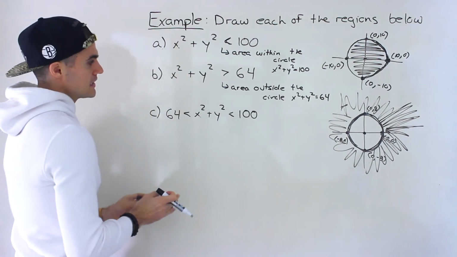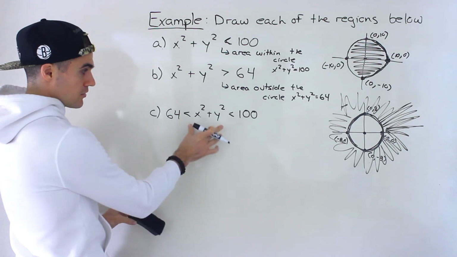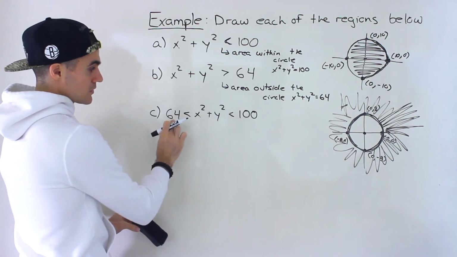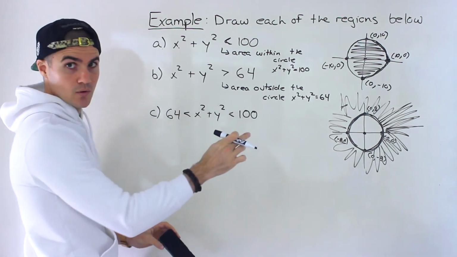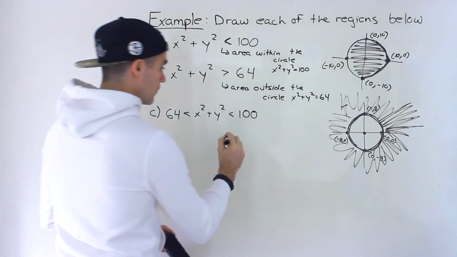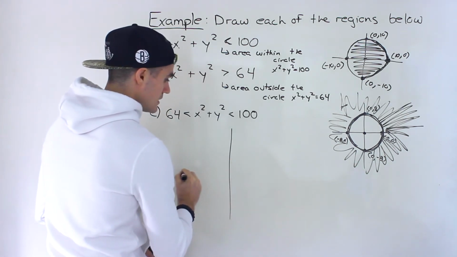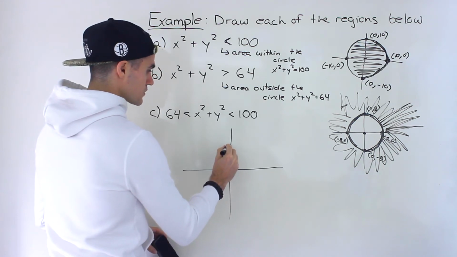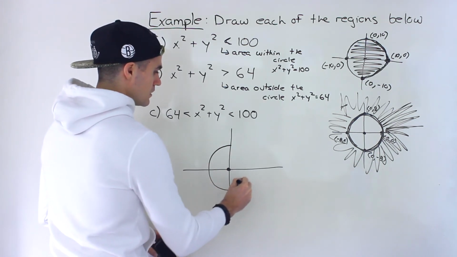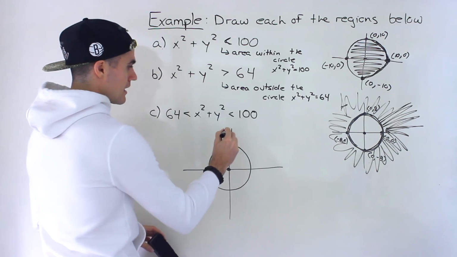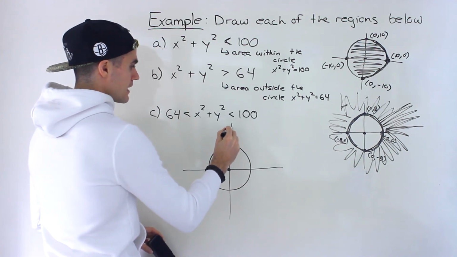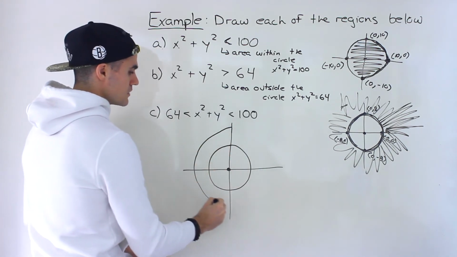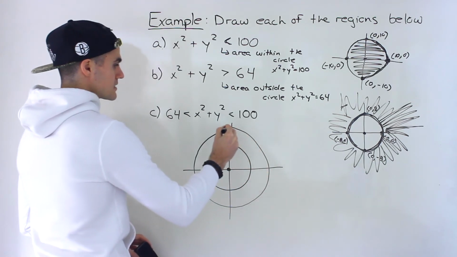Well, part C, notice we're working with both circles, x squared plus y squared equals 64 and x squared plus y squared is equal to 100. So what we can do in this case is draw both circles. So the first circle, let's draw like that. And then the second circle, which is the first one we were working with, has a larger radius.